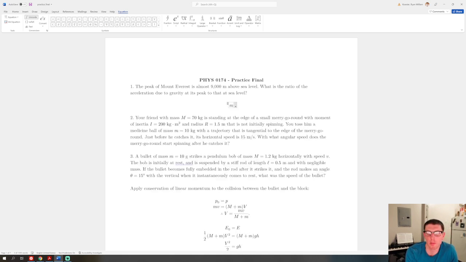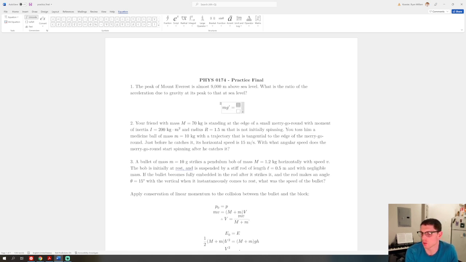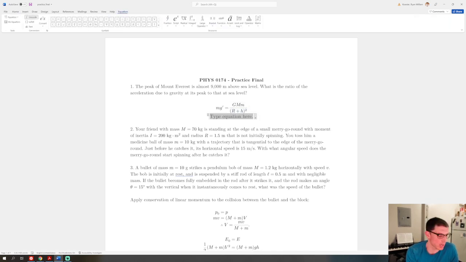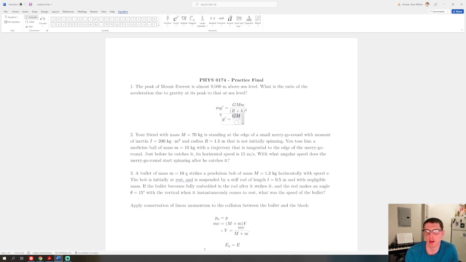So what we do is we write m g prime equals, and we just use Newton's law of universal gravitation again, G big M over the radius of the Earth plus the height above sea level squared. The m's cancel, so we find that g prime is simply G big M over (r plus h) squared. I don't remember any of these numbers, so let me just do this.